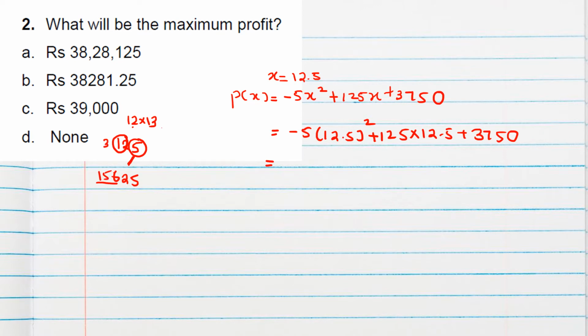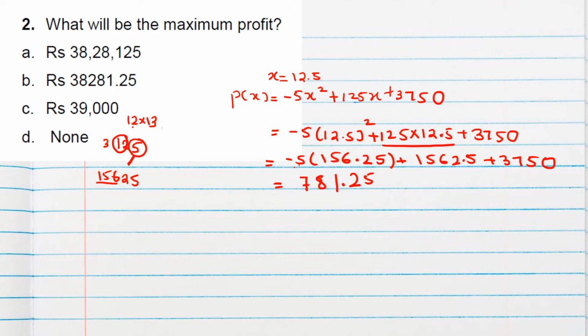So 156.25 will be the square. Now here the second term, if you observe, if we ignore the decimal, again it is the square of 125. So we can write 15625 and after one digit we can put the decimal. Now multiply this by minus 5 and this number. So 781.25 will come with minus. We can add these two numbers here.